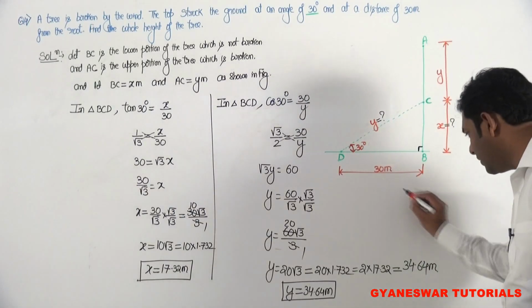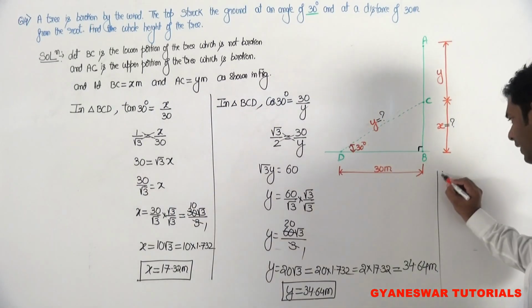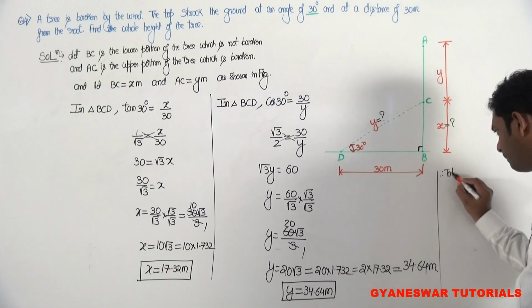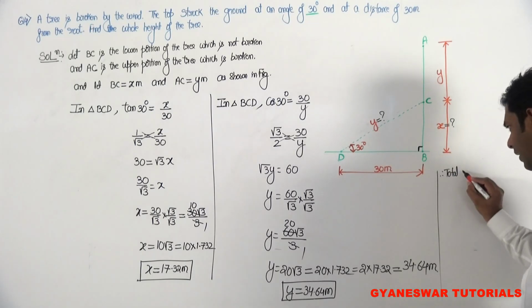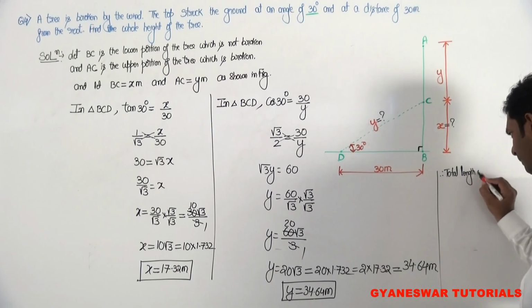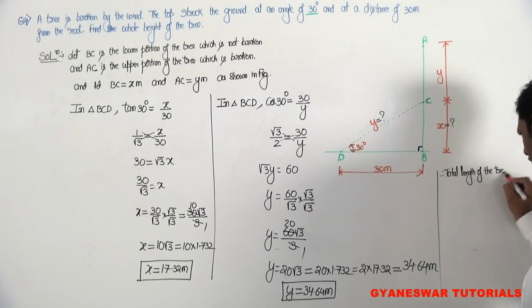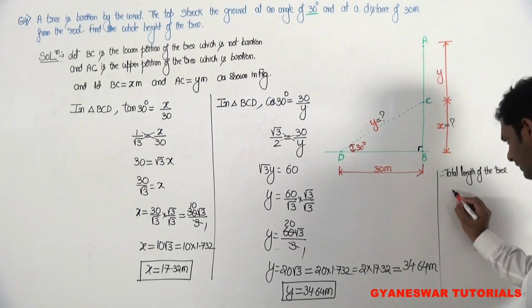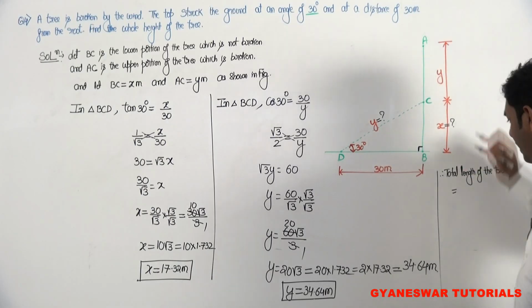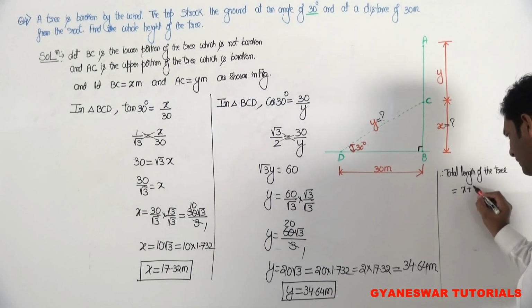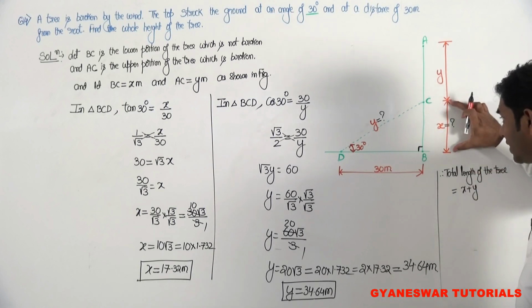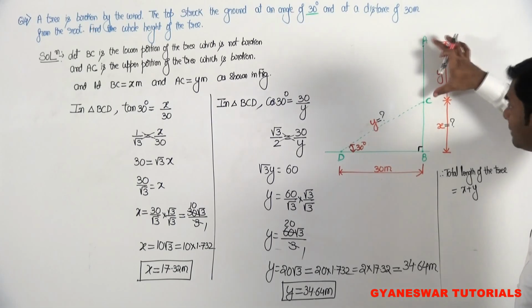Therefore, at last, the total height or length of the tree, the whole length of the tree, is equal to x plus y: the length of the portion which is not broken plus the length of the portion which is broken.